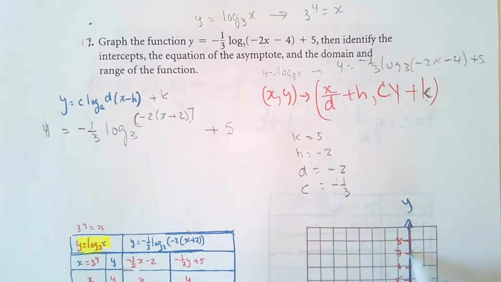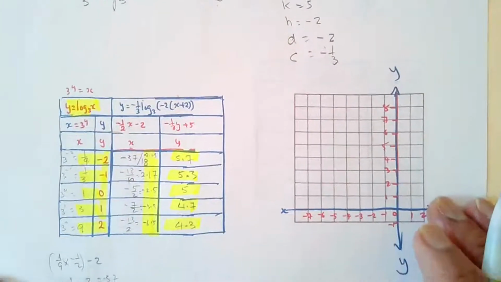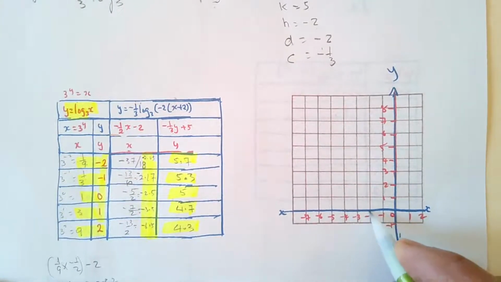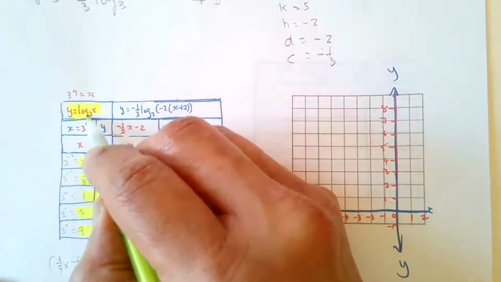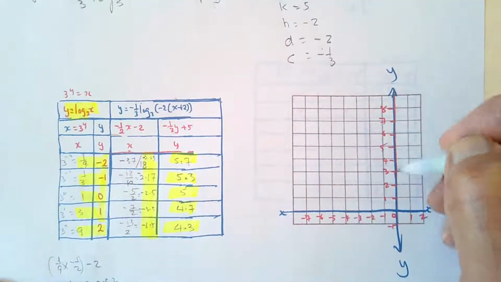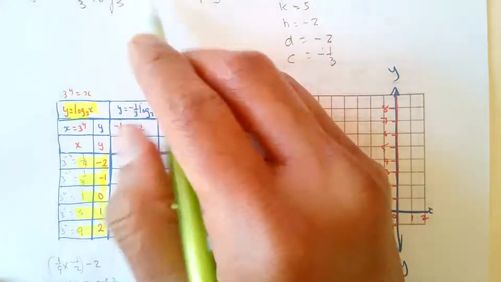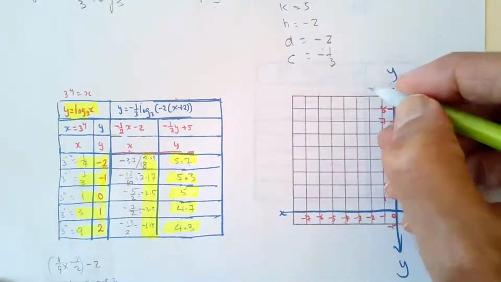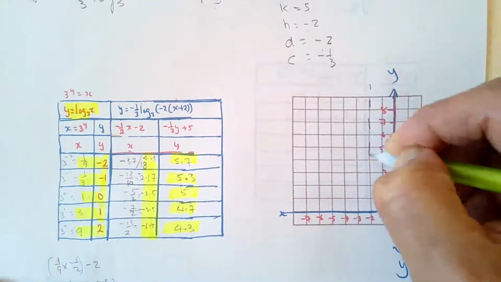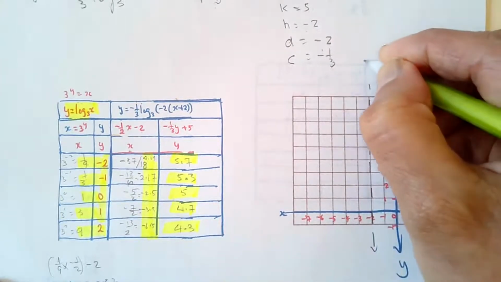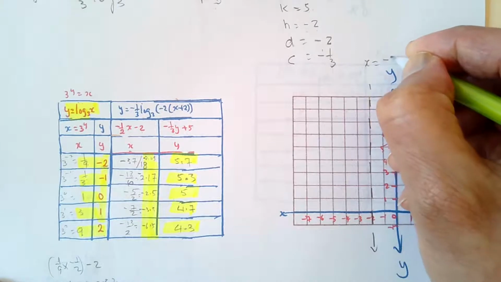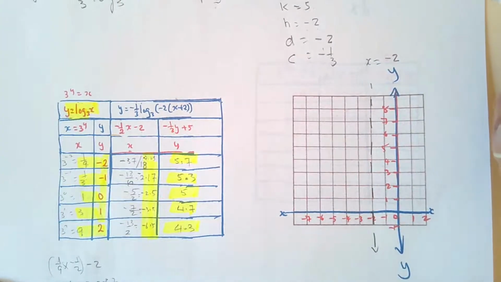So we go back to our graph here. We shift 1, 2. Instead of our standard y equal log base 3 of x graph, the asymptote is shifted 2 to the left. So this will be our vertical asymptote here. So x equal -2 is the vertical asymptote.